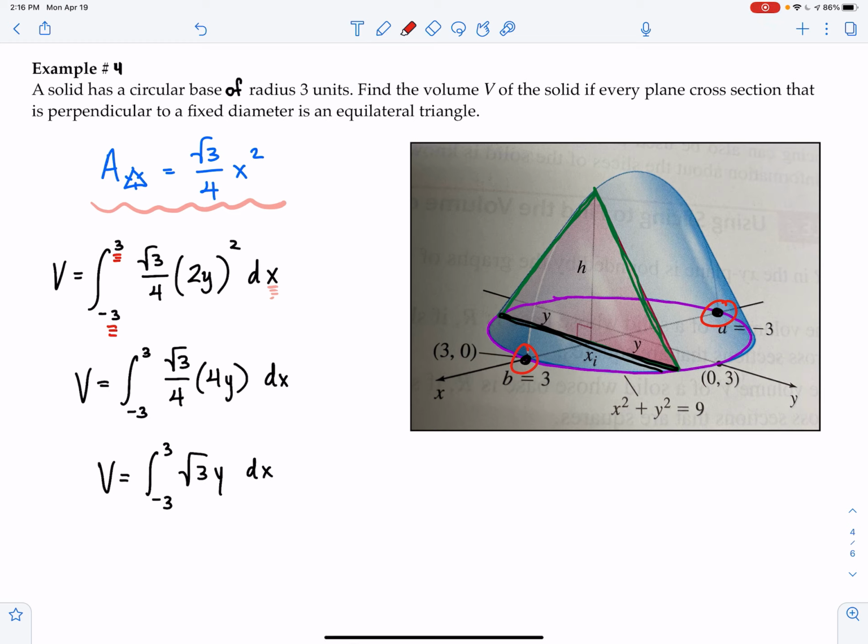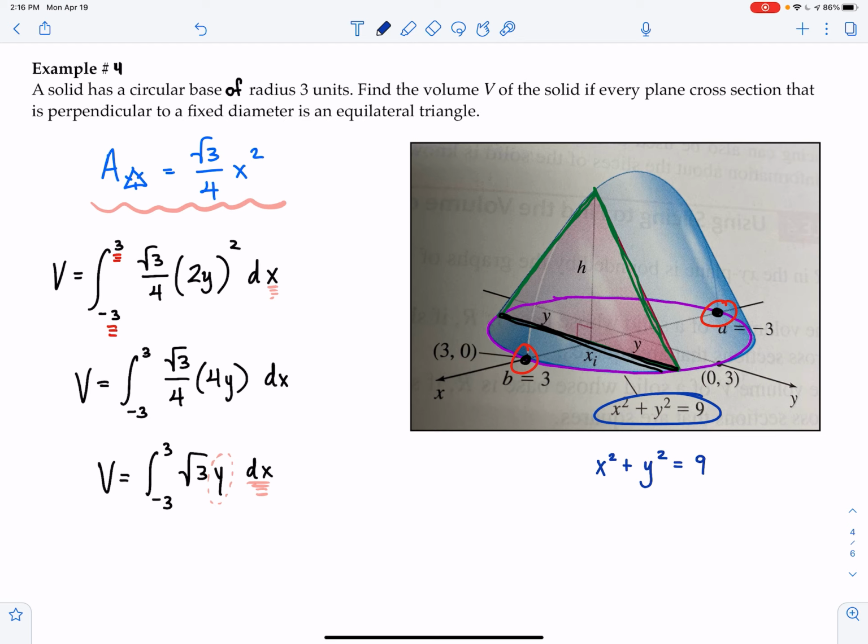Now, because we are dealing with a dx integral, we're not allowed, at least right now, to put a y variable in this integral. So we need to solve y in terms of x. Well, luckily, we were given a formula for this circle, and we can get y by itself. So let's do that.